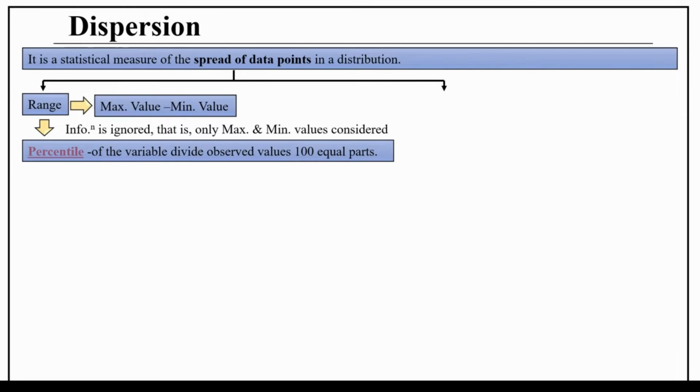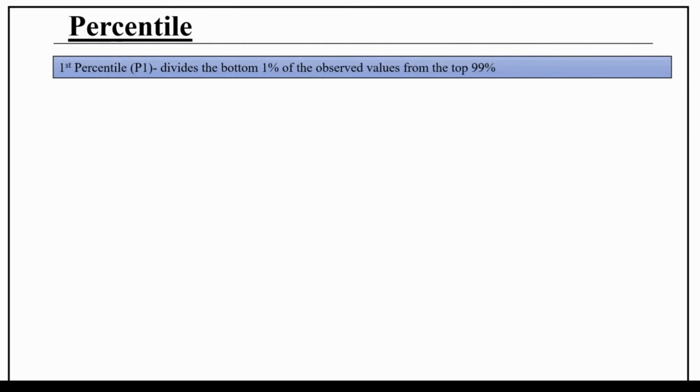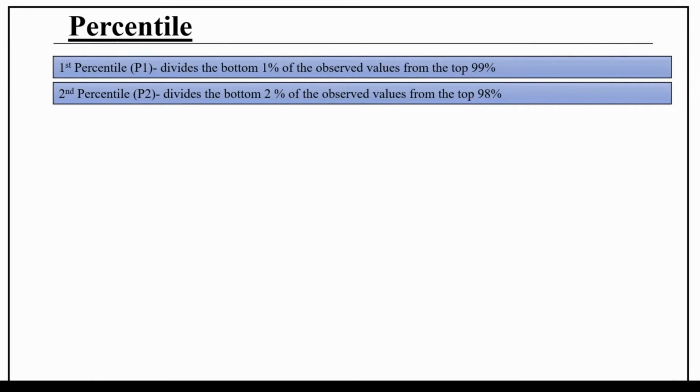Let's understand the percentile in detail. Roughly speaking, the first percentile P1 divides the bottom 1% of the observed values from the top 99%. The second percentile divides the bottom 2% of the observed values from the top 98%, and so forth.